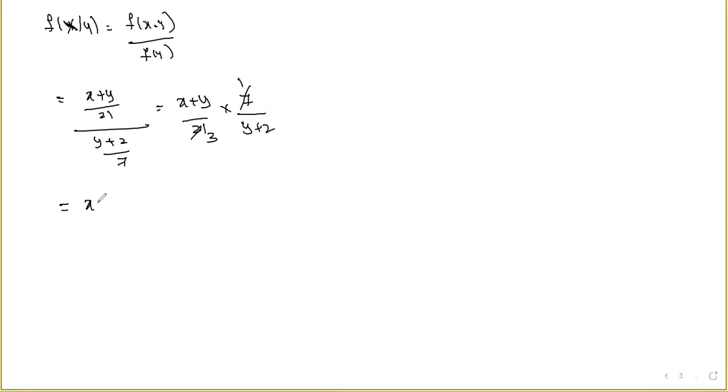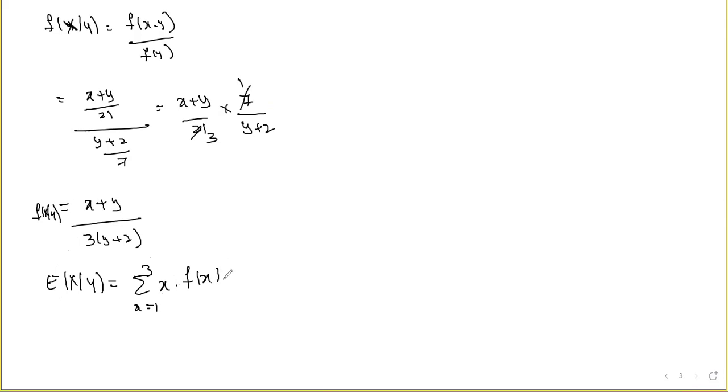So now what we have, x plus y divided by 3 into y plus 2, right? So this is what our f of x given y. But what we need is the expected value of x given y. This is nothing but the summation x equal to 1 to 3 of x into f of x given y, right?